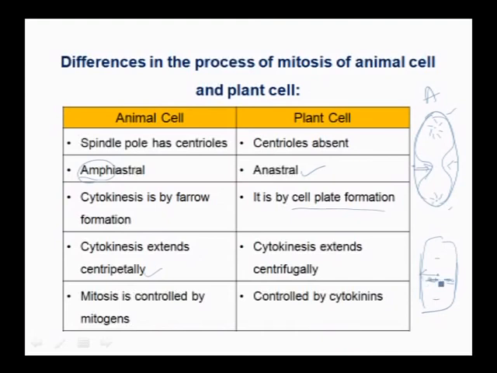Therefore, it is centrifugal. The last difference is regarding the controlling of the process. In animal cell, chemicals referred to as mitogens control the process of mitosis, whereas in plant cell they are controlled by phytohormones or plant hormones called cytokinins.